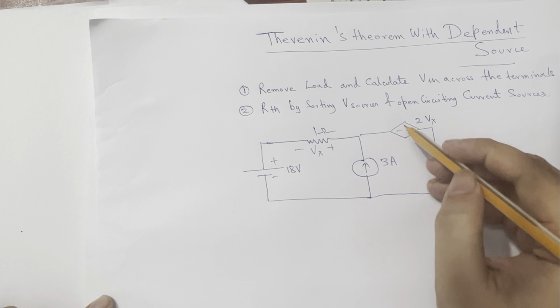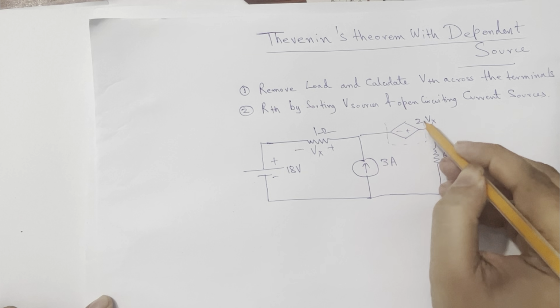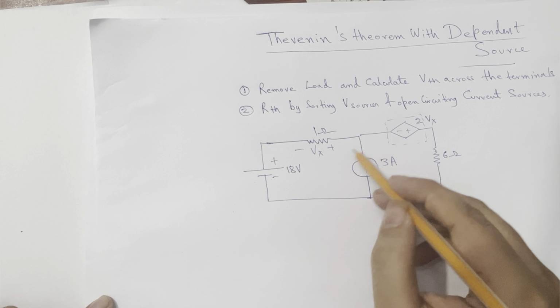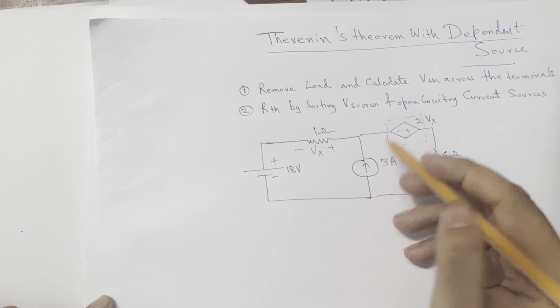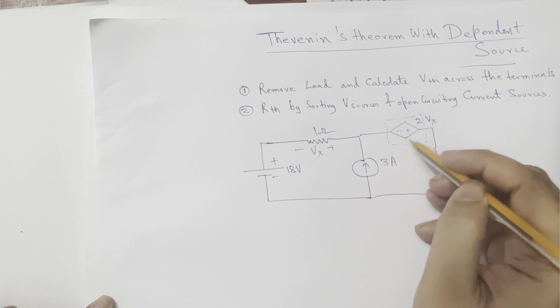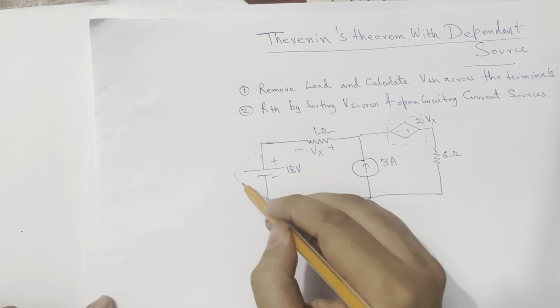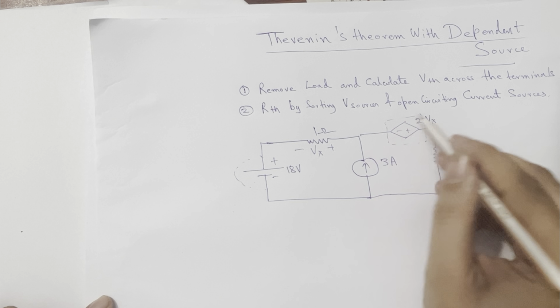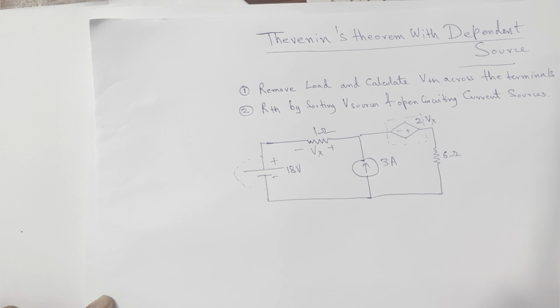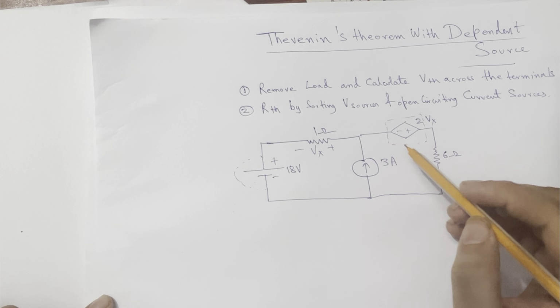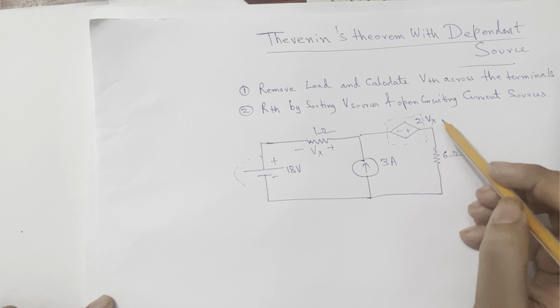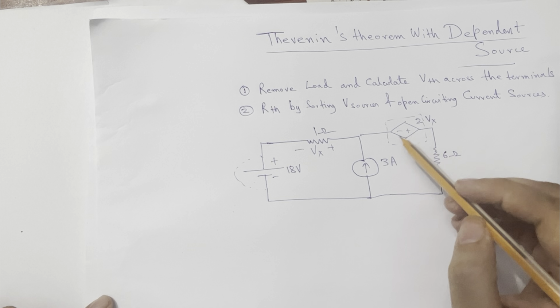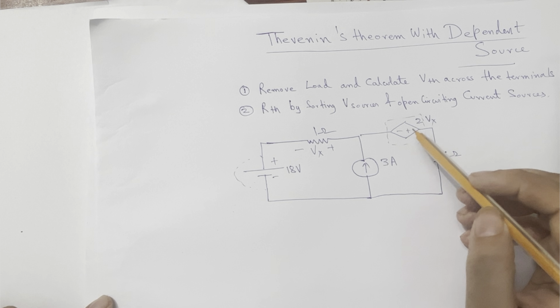So when there is a dependent source present, I cannot open circuit the current source and short circuit the voltage source as usual. I cannot simply short this voltage source, because there might be a hidden resistance present, since it is a dependent voltage source. It depends on voltage only, but still there may be a hidden variable resistance.